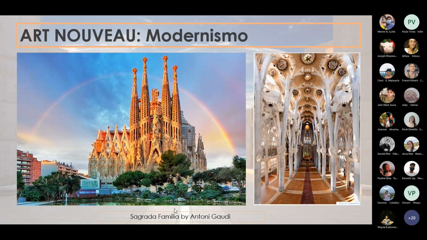You won't see any straight lines, but these drawings or designs of Gaudi were drawn manually with dimensions and with computations.